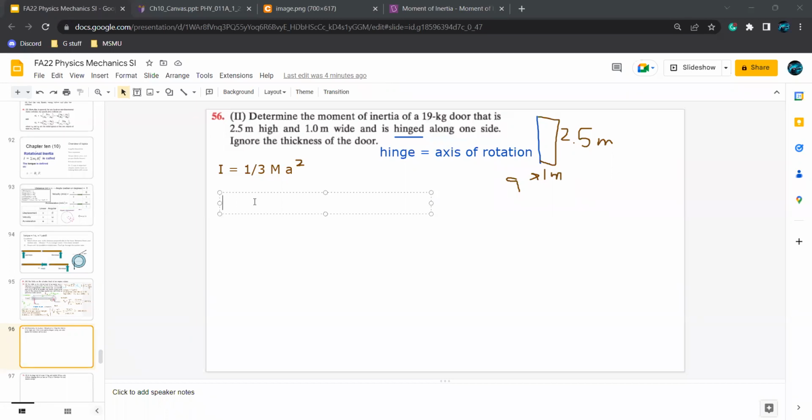Now we plug in 1/3. I should probably say I'm plugging it in. Mass, 19 kilograms, times A squared, 1 meter squared, which should equal 6.3 kilograms meter squared.